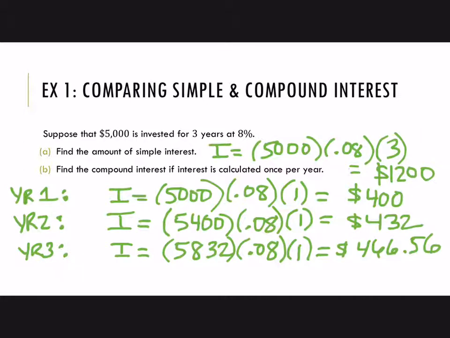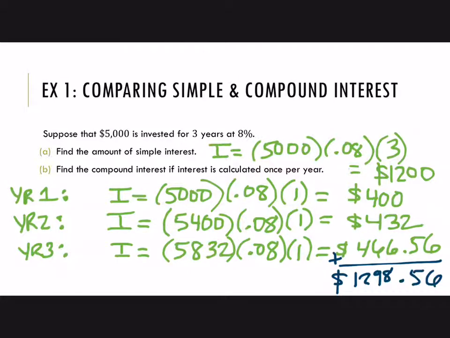So altogether now, if we wanted to find the total amount of interest using compound interest, if we add these three, the $400 from the first year and the $432 and $466.56 from the next 2 years, then that gives a total interest amount of $1,298.56.